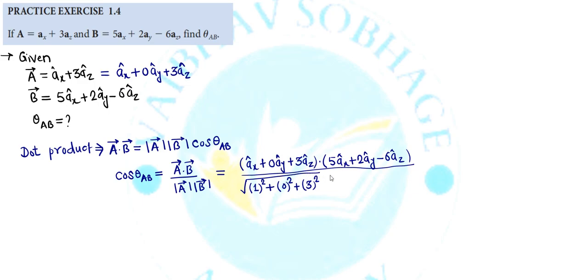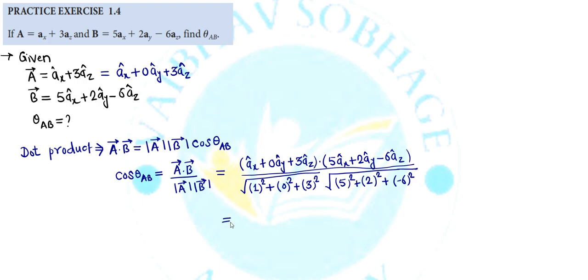So this is the square root for your vector A. Next we are going to write the magnitude of your vector B. That will be the square root of 5 square, then 2 square, and then minus 6 square. So this gives you the magnitude of your vector B.